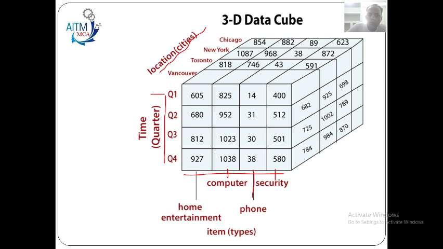See here, where the cursor is. For the first quarter, for this city, this is 605. For computers 825, then it is 14 for this and 400 for security. Got it?